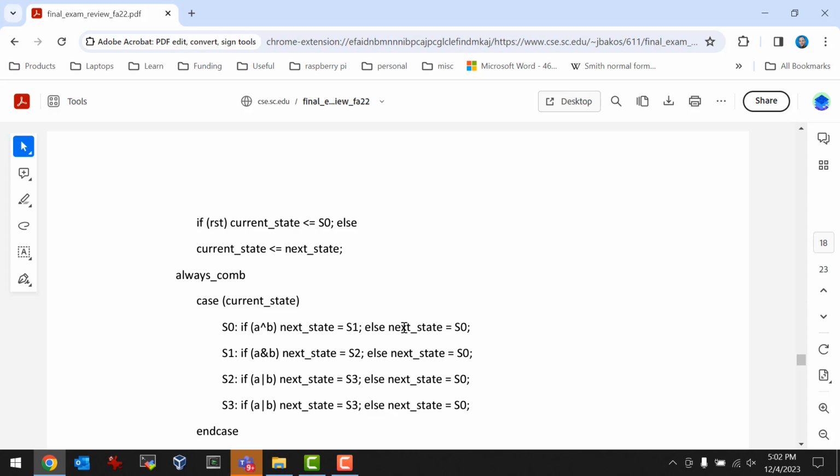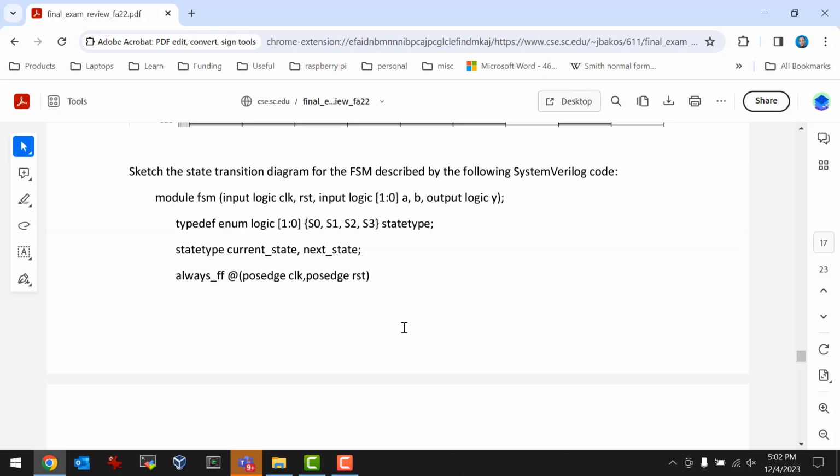And if you're in S1, A and B, we're going to S2. Yeah, I guess that's if A equals B, right? But what happens if it's just 1 bit? Yeah, I think that's a typo. I think those were supposed to be the same width.